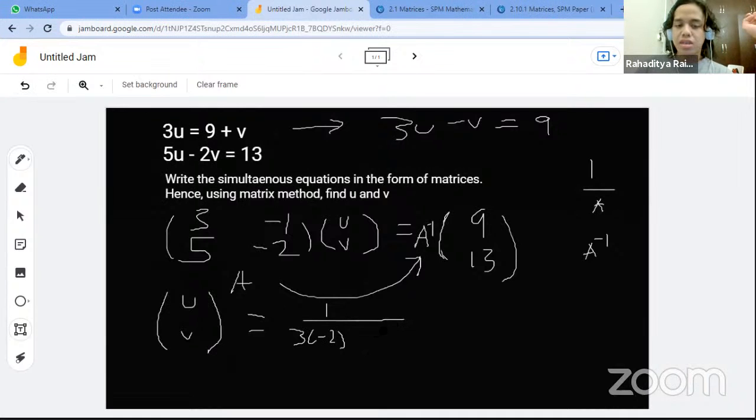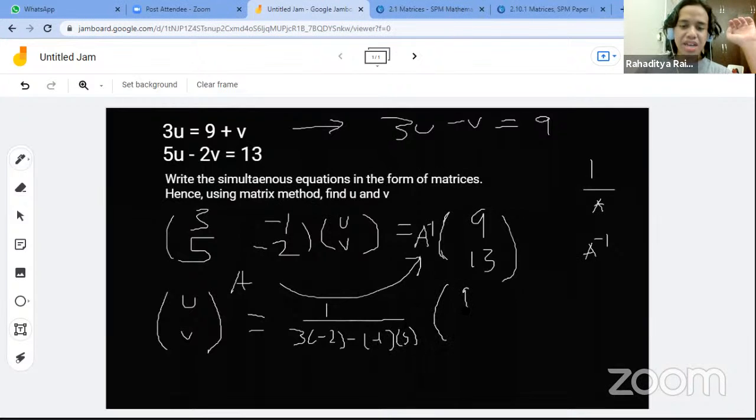Is everyone clear about why I'm moving the A here and making inverse matrix? Yes, okay. Everyone else? Oh, it's 10:04. Oh crap, we need to rush this. All right, thank you, Azika. Thank you, Rachel. Yes. 3 negative 2 minus negative 1, 5.